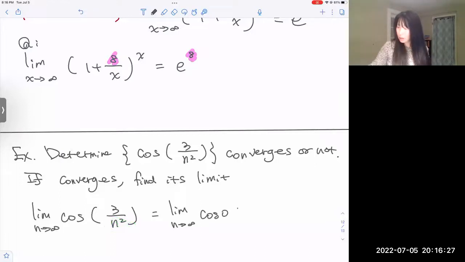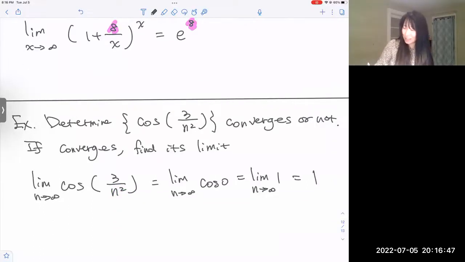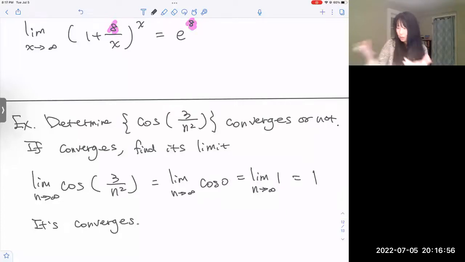And what do you get for cosine 0? 1. Just 1, right? So it converges, and it converges to 1.